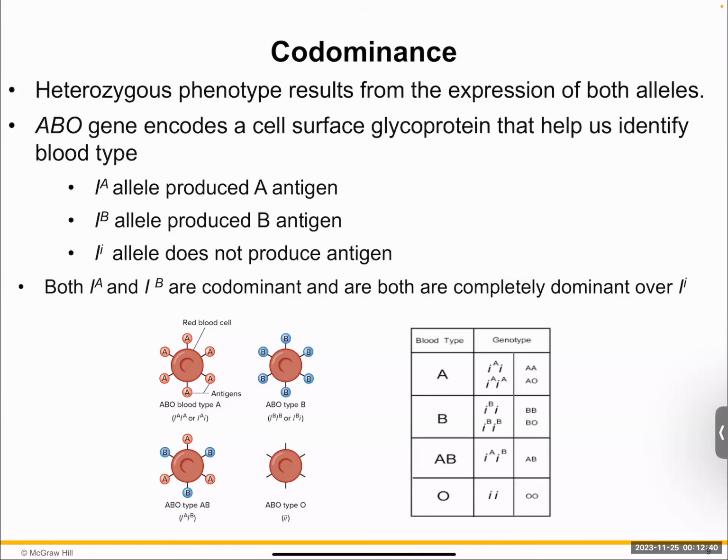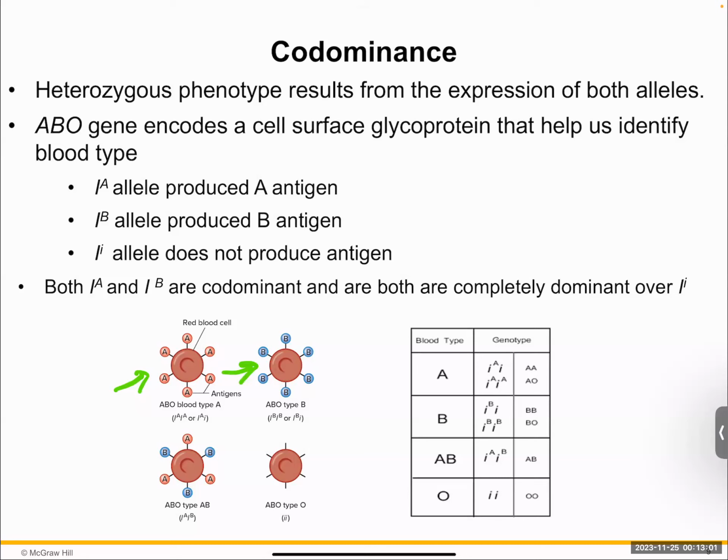The best example of codominance is blood typing. We have the two main alleles, IA and IB, that produce antigen A and antigen B on the surface of our red blood cells, as you can see right here.